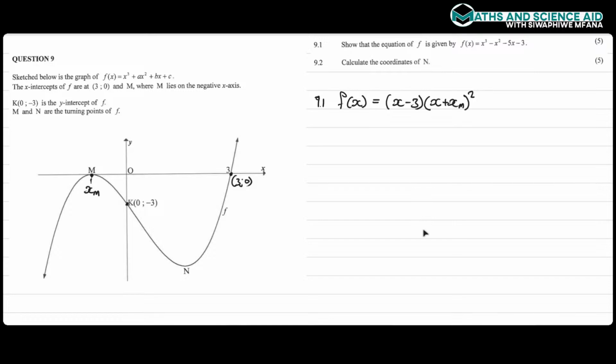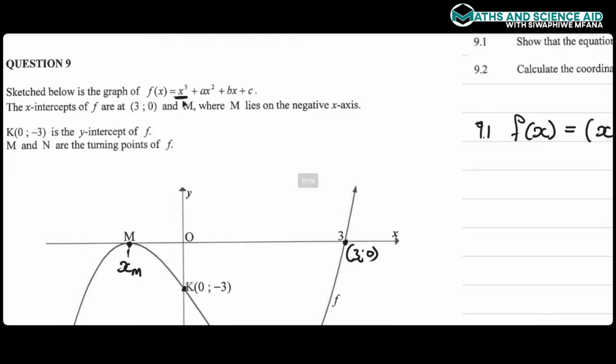So keep this in mind whenever you come across a cubic polynomial like this one, whereby one of the turning points is also an x-intercept: the factors for the equation of that cubic function will be like this. That's the key thing to solving this question. And you do not have to worry about the value of a, the coefficient of x cubed.